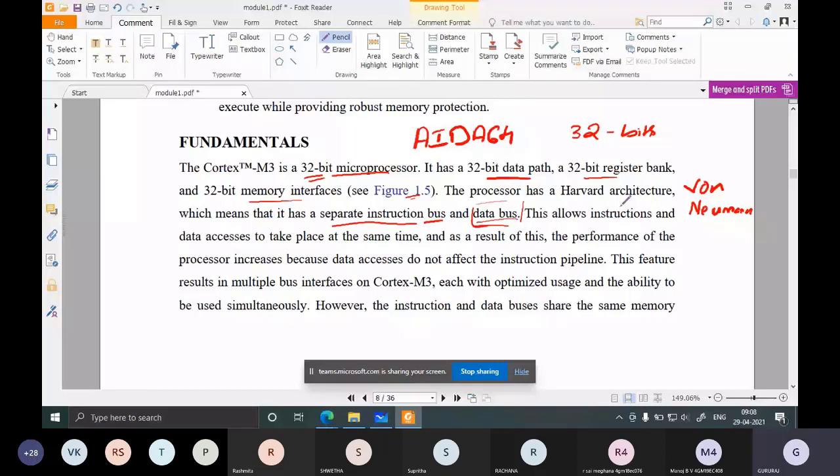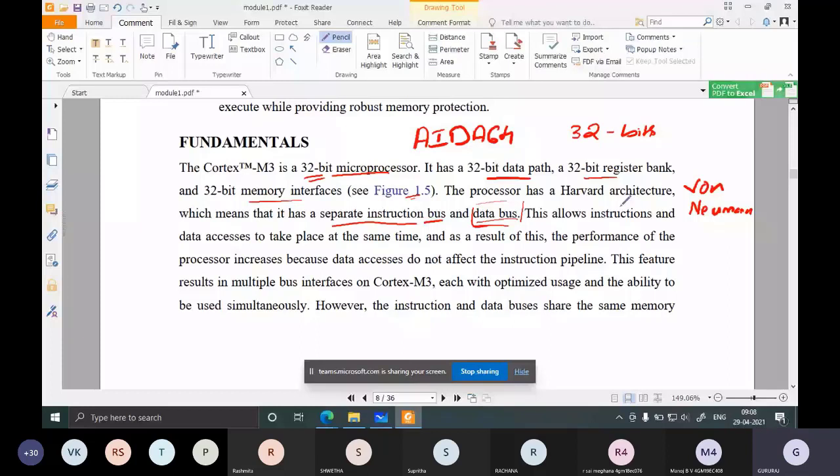I had given the analogy that you can treat buses as highways. If there are more lanes on the highway, more traffic can pass through simultaneously; if there are fewer lanes, less traffic can pass. If there are more lanes and dedicated lanes, that is, dedicated buses, the access can be much faster.